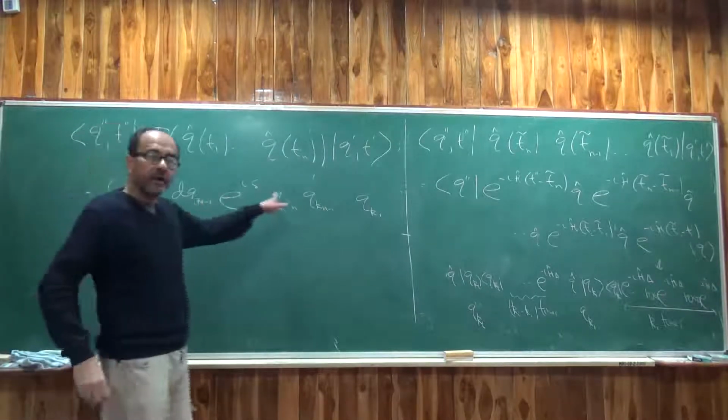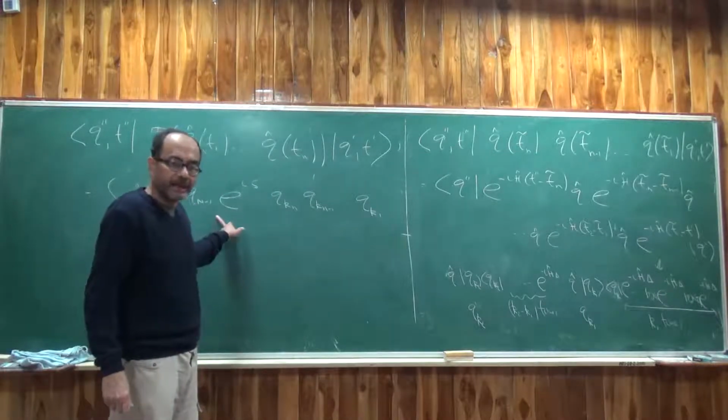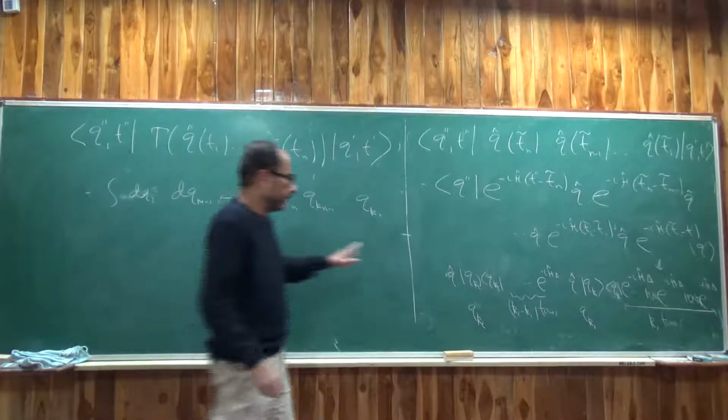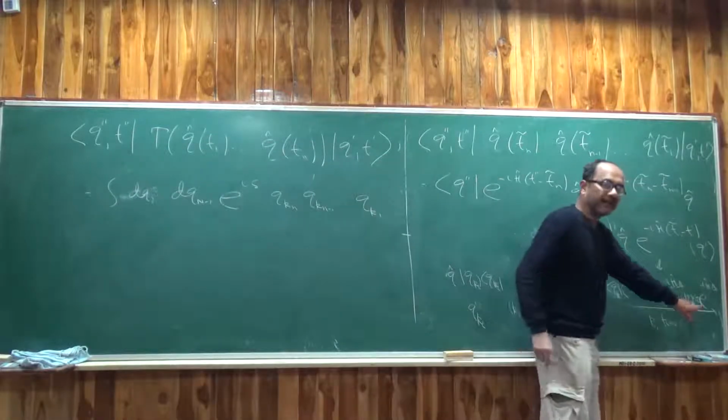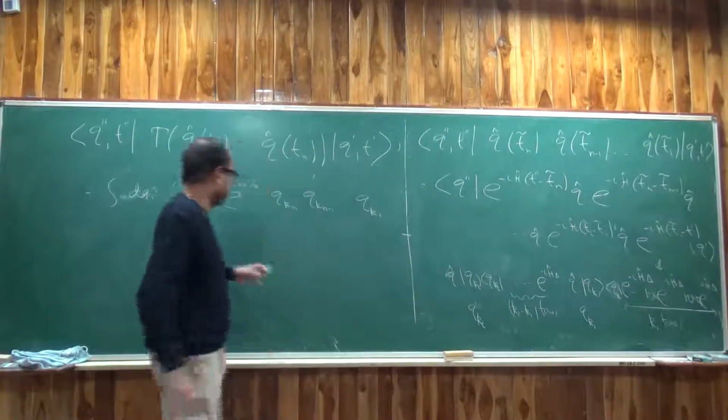The integrals are over all q's, which includes in particular dq k2, dq k3 and so on. But these integrals also you have to do, right? The q1, q2 integrals also you have to do. The only additional things are these factors.